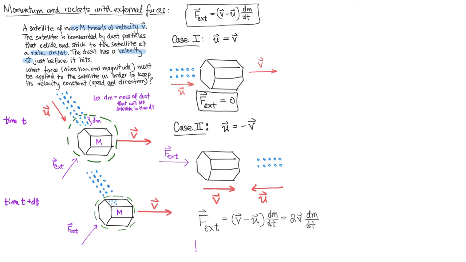And so, yeah, I see the external force must be parallel to v. And why is it proportional to 2v? Well, two things are happening. Number one, I have to change the direction of the dust.